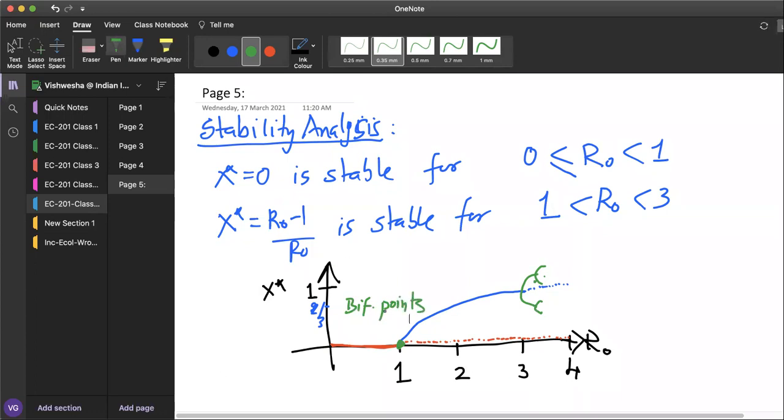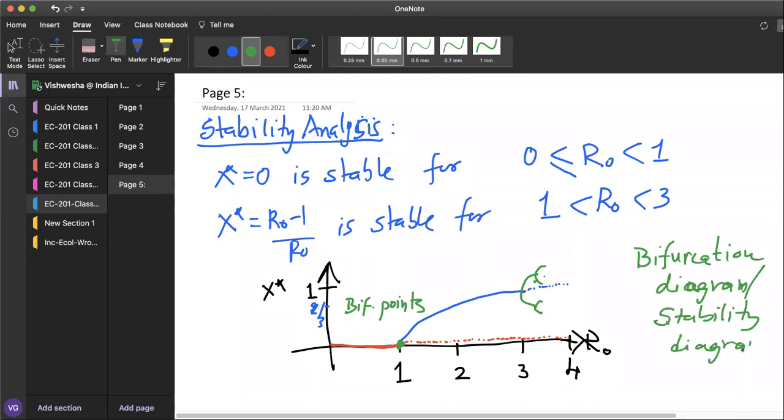And this entire diagram of x star versus the parameter value, where you demarcate various stability regions, is called a bifurcation diagram, and some people also call them stability diagrams because they show how the stability of equilibria changes over parameters.